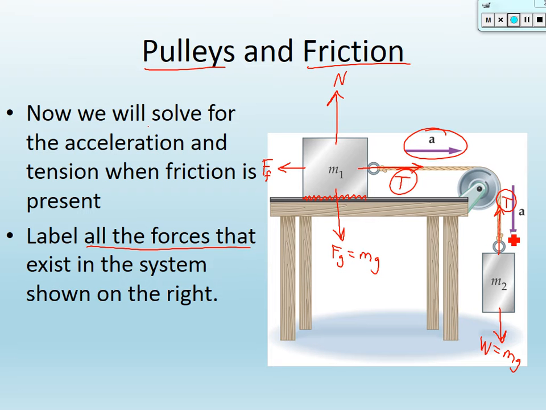Now, before we start, what two forces on this system are the most important for you to look at in terms of will it move or not? What's really going to determine whether the system moves? Good. The force of friction here and the weight of this block that's hanging. Now if this weight is greater, what's going to happen?